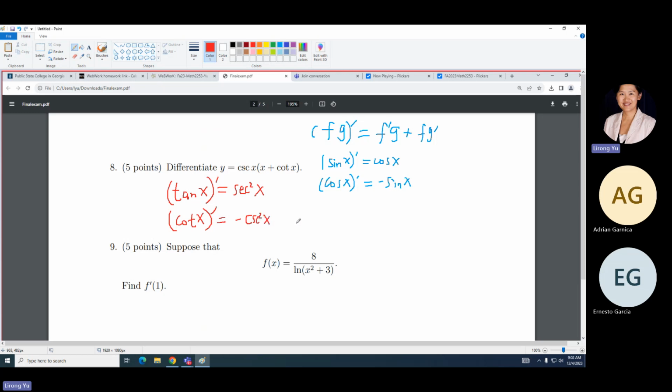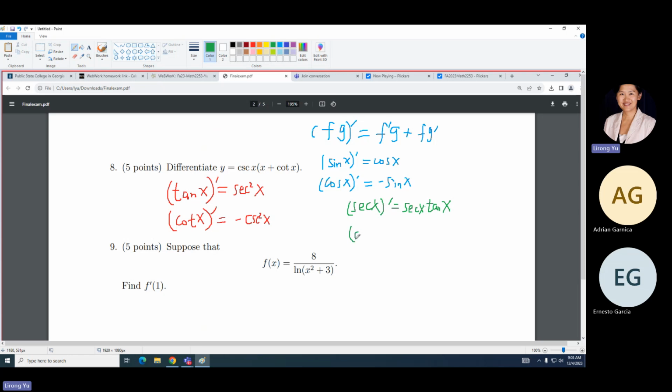So tangent and cotangent are a pair of cofunctions, and that's why they have a very similar format as far as derivatives. And then there are the two tricks: sine, cosine, tangent, cotangent, secant, cosecant. The derivative of the secant function is secant times tangent of x. It's a multiplication of two functions.